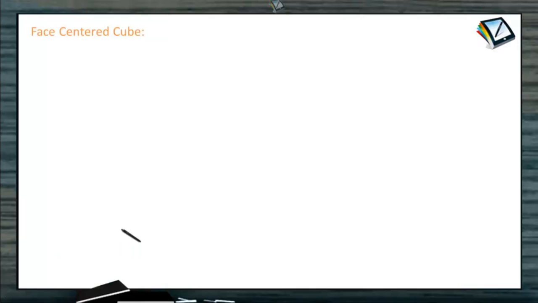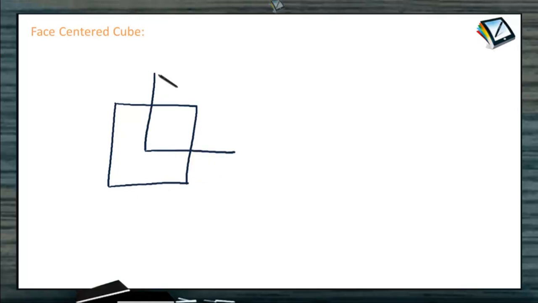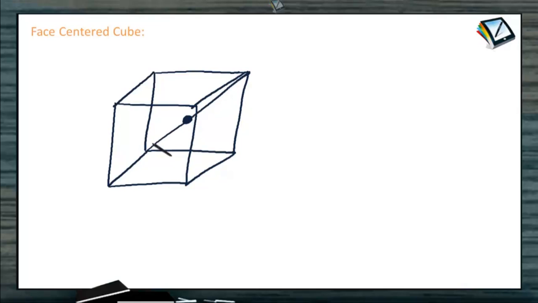What is the neighboring distance of atoms in the face centered cubic crystal system? As we know, for a face centered cubic crystal system, the atoms are present at corners as well as faces. So the distance between the two neighboring atoms decreases. Take a simple example. This is the face and these two are the corners.